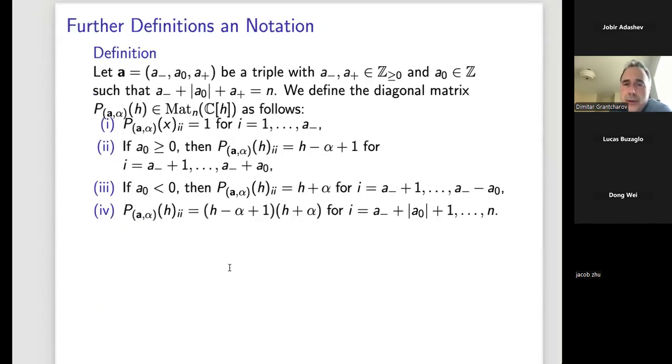So for this reason, it's good to introduce a triple of integer constants where you count how many we have of degree 0, how many of degree 1, and how many of degree 2. And degree 1 could be one or the other. That's why in the middle we allow integer numbers.